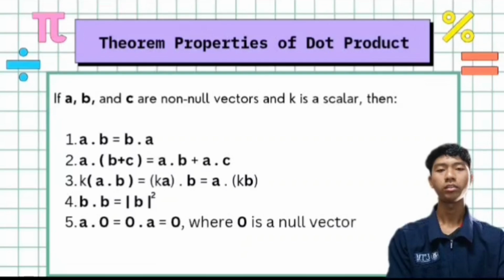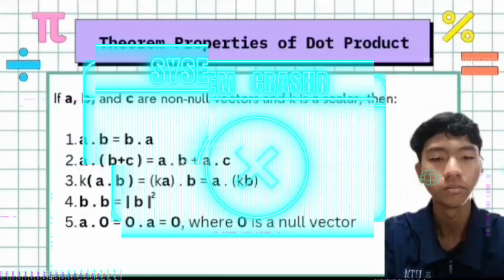And the last one is the zero vector property, which is A dot 0 equals 0 dot A, where 0 is a null vector. These properties are fundamental when working with vector operations in various mathematical and physical applications.